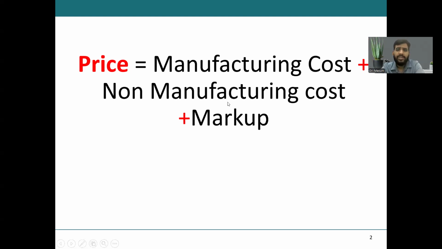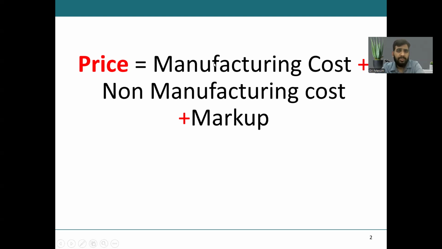Non-manufacturing cost is divided into two categories. One is known as administrative expenses or administrative cost, and another is known as sales and marketing cost. This is also known as the operating cost. Manufacturing cost is related to the cost of goods sold, and more specifically cost of goods manufactured. Those who have some basic idea about manufacturing cost, cost of goods manufactured, and cost of goods sold will get the idea.